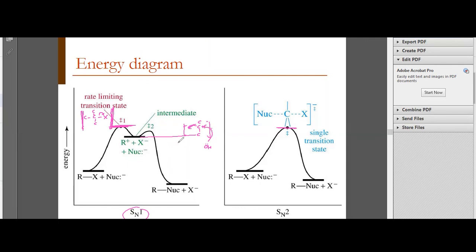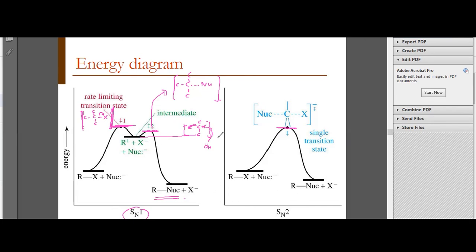At this position is when the nucleophile makes bonds with the carbocation. If it is provided enough energy, then the product will be formed. So that's why there are two peaks for the SN1 diagram, while only one peak in the SN2 diagram.